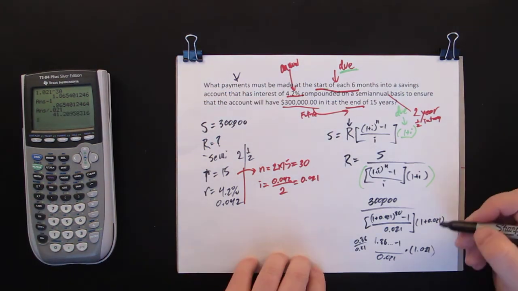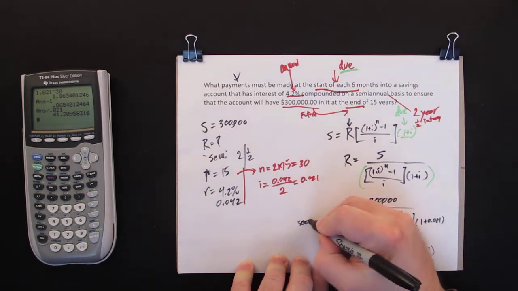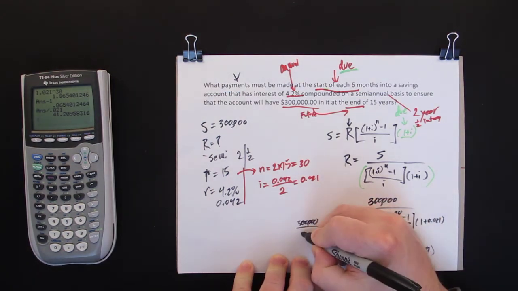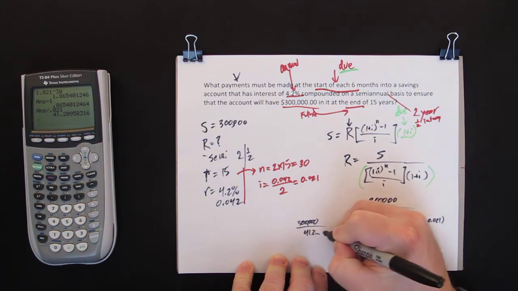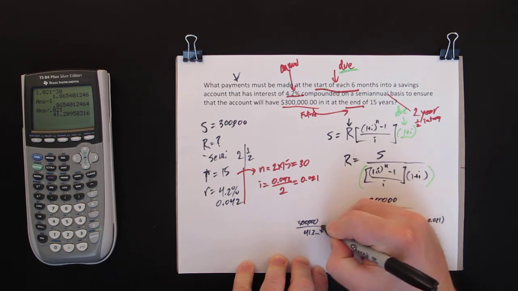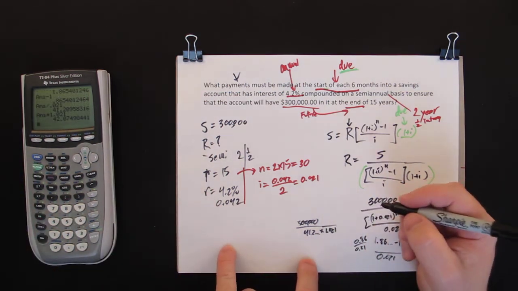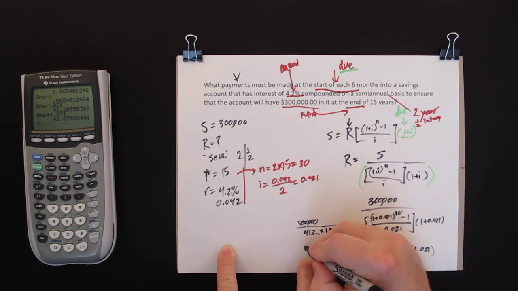Okay, so that gives us about 41, so 300,000 divided by 41.2, and remember, you have to multiply by this additional interest, so we do that now. And you get 42.07.